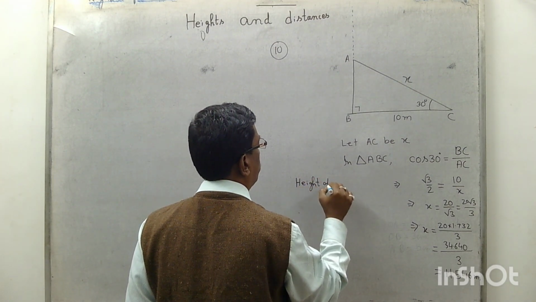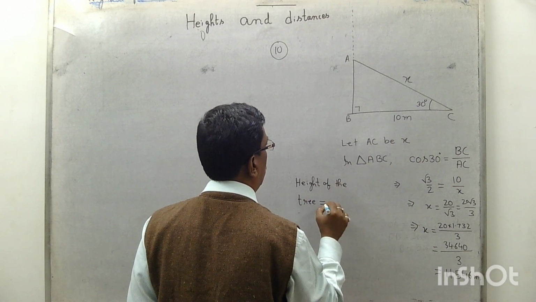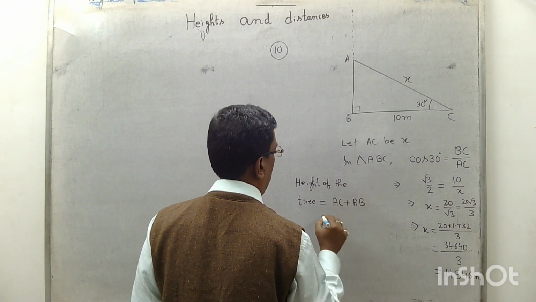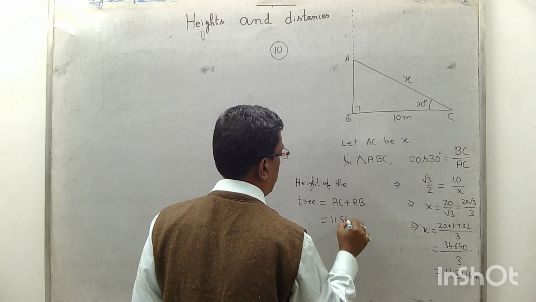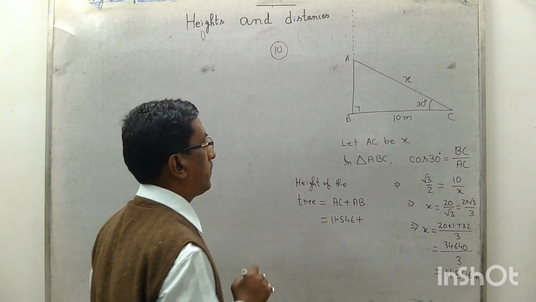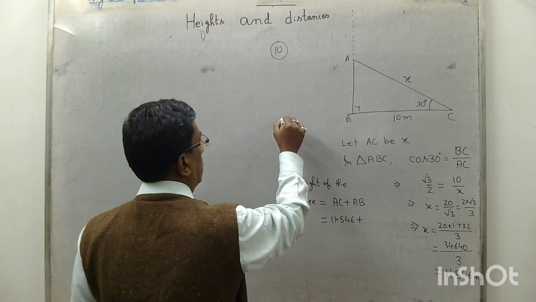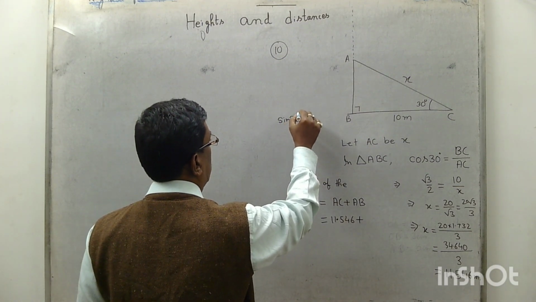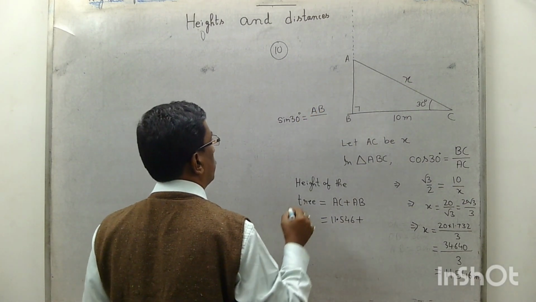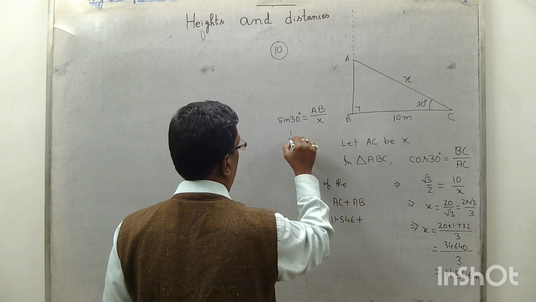equal to AC plus AB. AC is 11.546 plus AB. Oh, I haven't solved AB. Again, I have to find it.